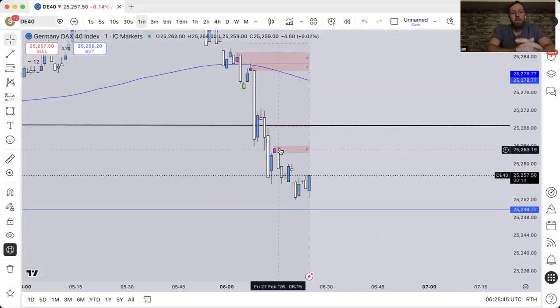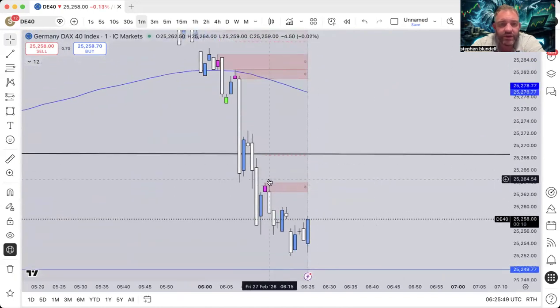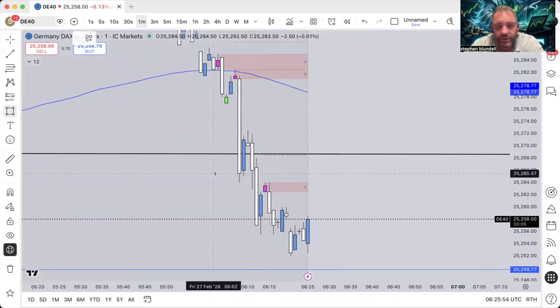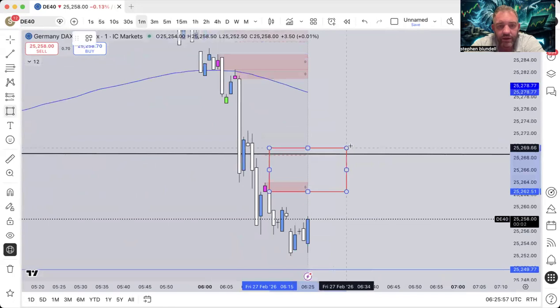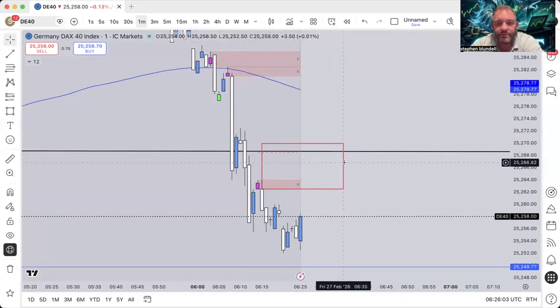This one here is an A in my opinion. You at least have to cover the imbalance, so if you're going to be entering, go from the order block and you have to cover the imbalance at least. But again, it might sweep up to here.